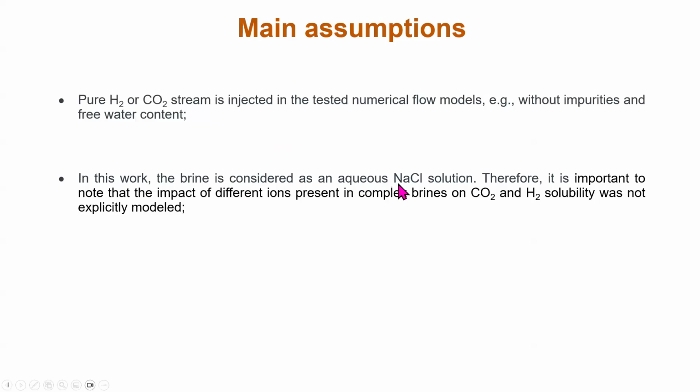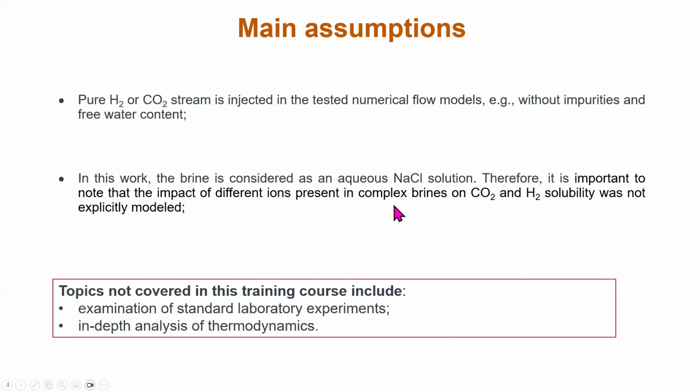So just sodium chloride is the salt in solution in this brine. Everything is considered as an aqueous solution of sodium chloride in water. The salinity will consider the concentration of sodium chloride in water. Basically, this is how the salinity will be computed for our examples. So complex brine is out of the scope of this work.